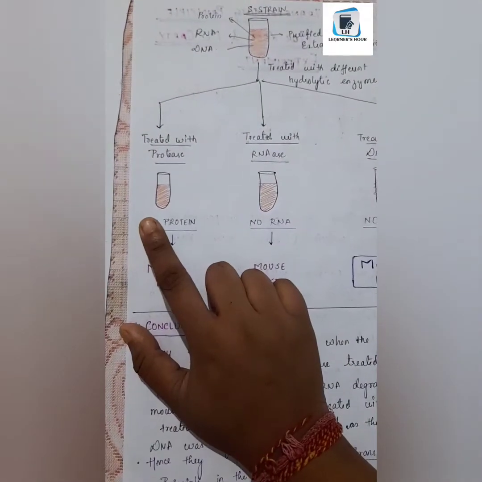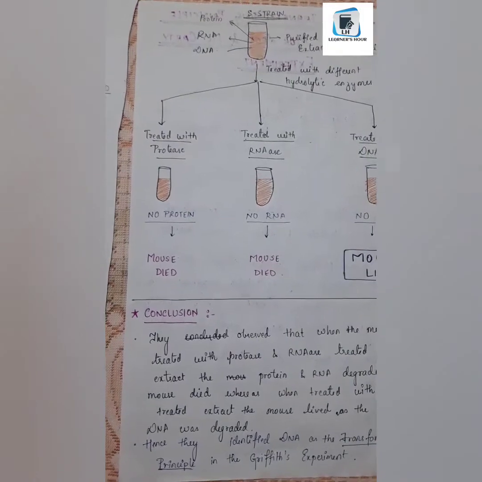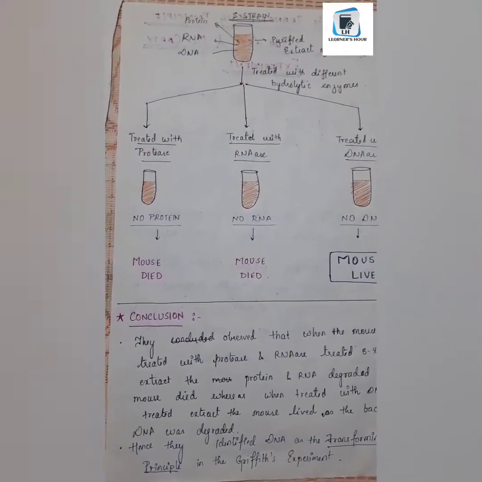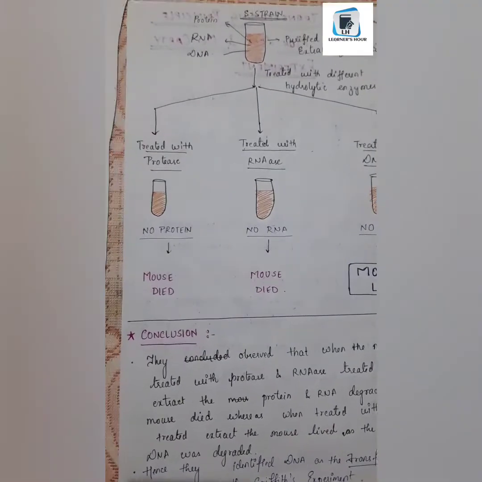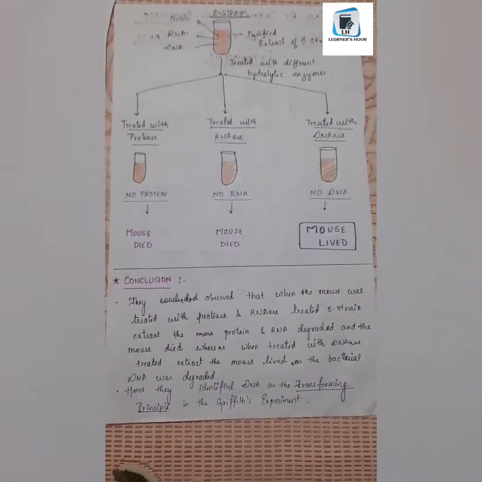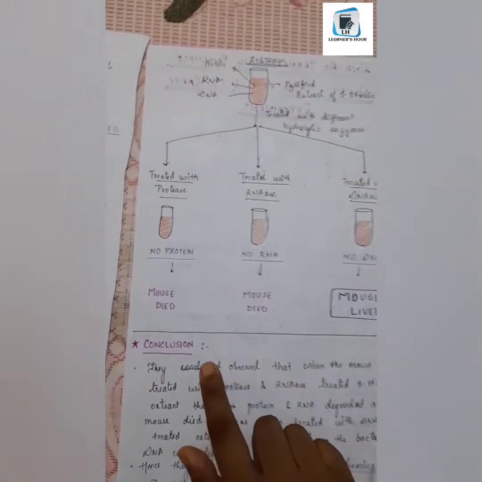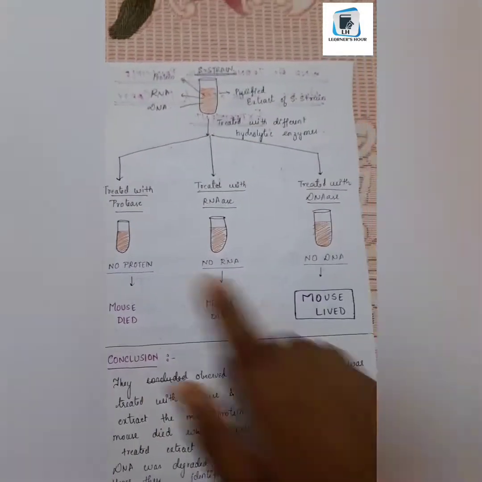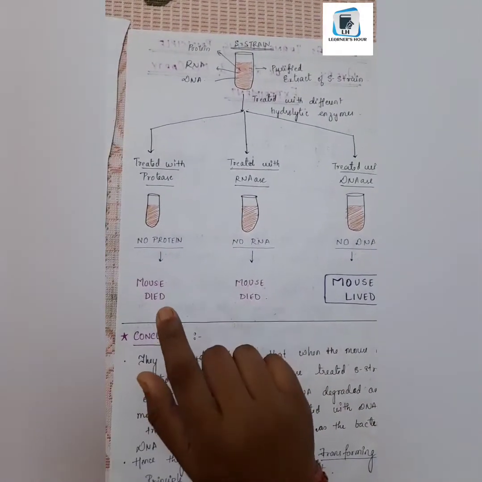In this solution, there is an absence of protein, but there are different other cellular components present in this test tube solution. Now to get the results of this experiment, scientists injected these solutions into different mice.